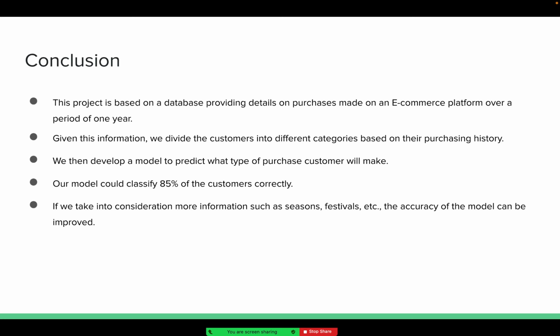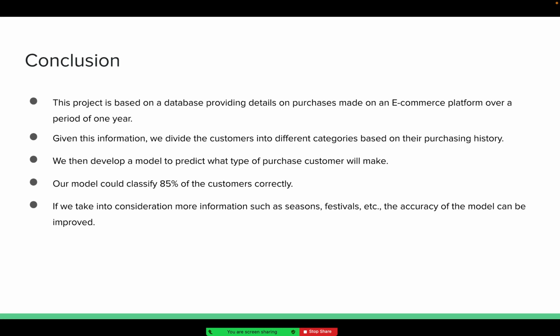So, in conclusion, the project was based on a database providing details on purchases made on an e-commerce platform over a period of 1 year. So, given the information, we divided the customers into different categories based on their purchasing history. So then we developed a model to predict what type of purchase each customer would make.